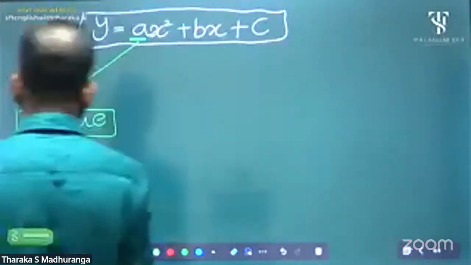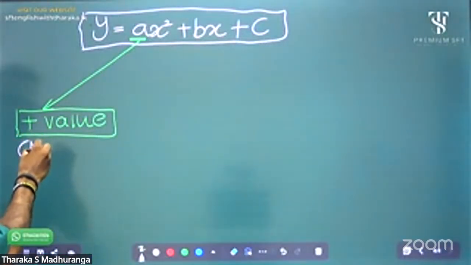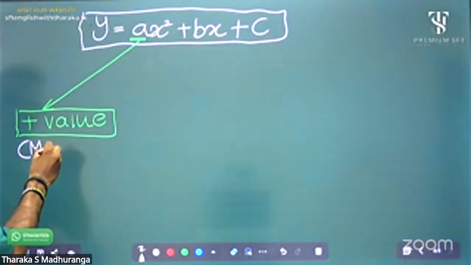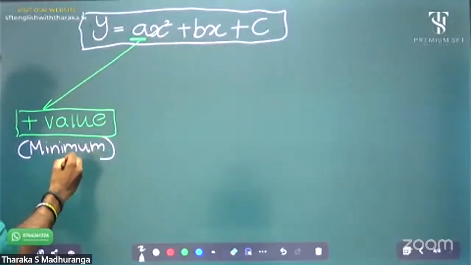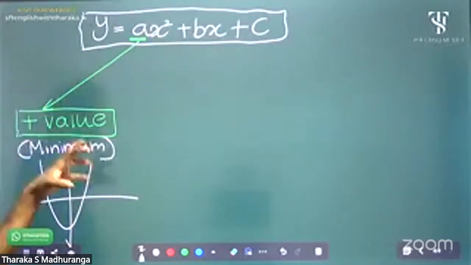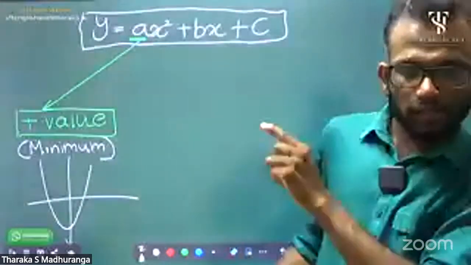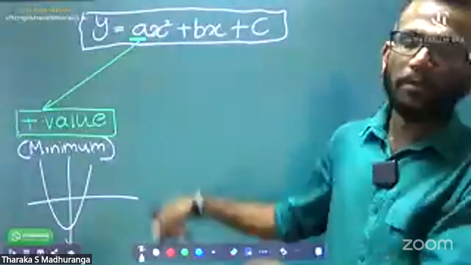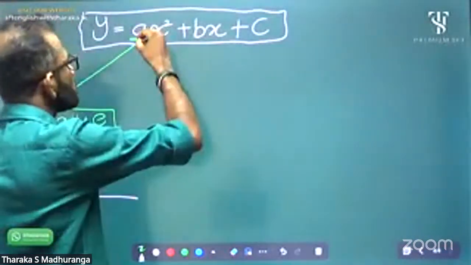Minimum. Very good. Very simple. It is minimum. If the A value is a positive value, then the shape of the parabola is minimum.